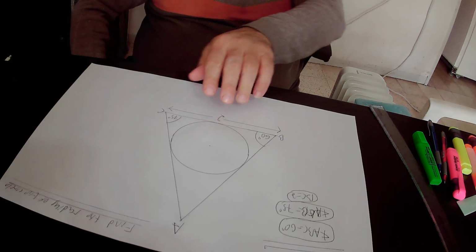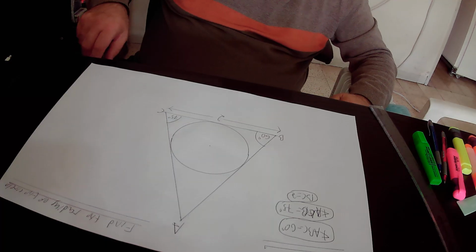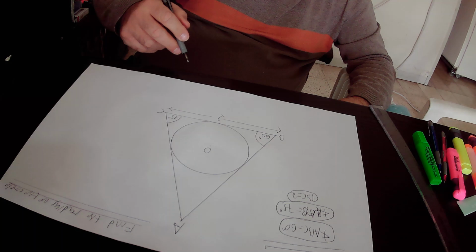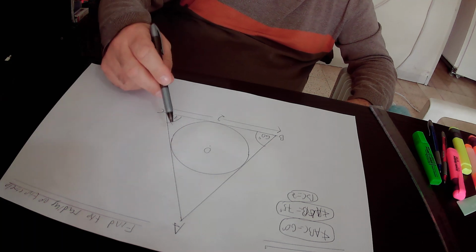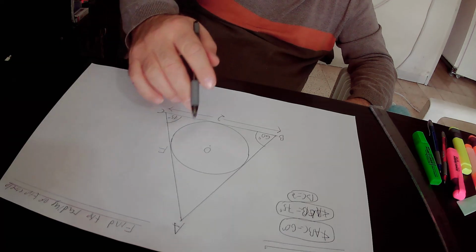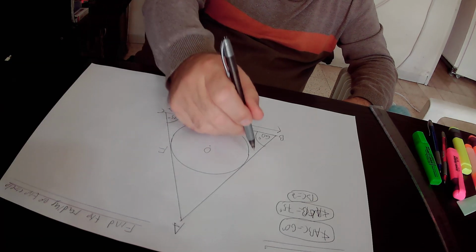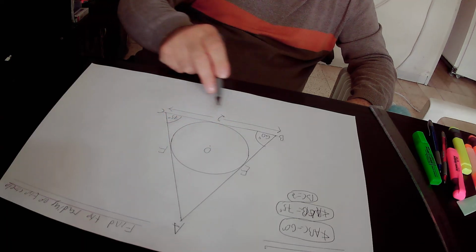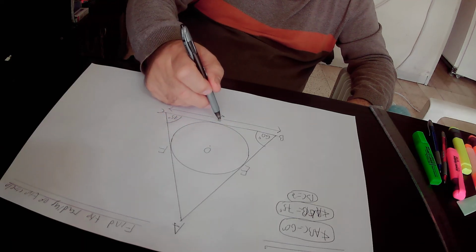First of all, we will define the center of the circle as O. We define the point of tangency of tangent AC with this circle as F. We define the point of tangency of tangent AB with this circle as E. And finally, we define the point of tangency of tangent BC with this circle as D.